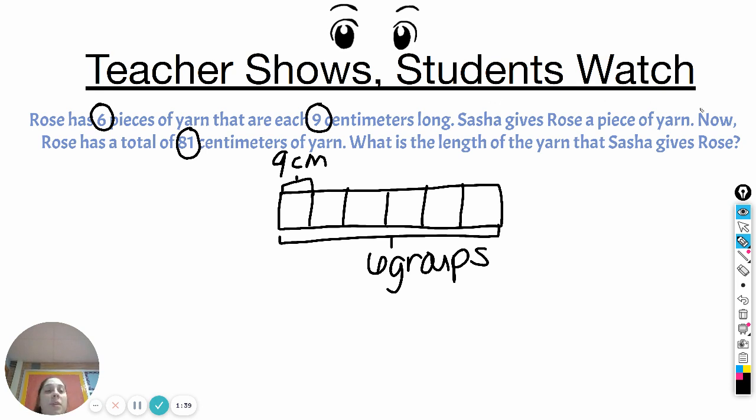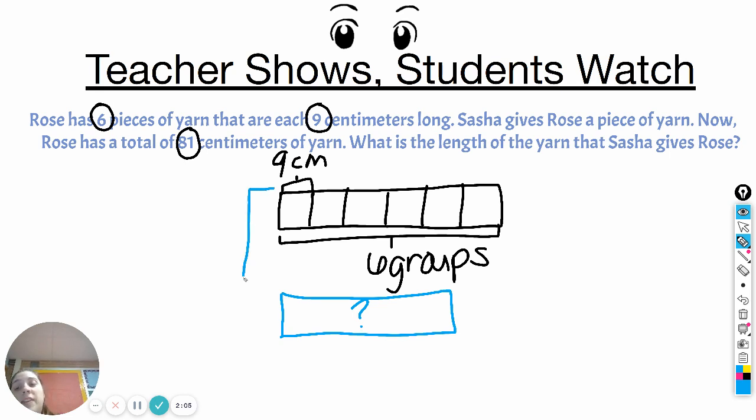Sasha gives Rose a piece of yarn. Now Rose has a total of 81 centimeters of yarn. I'm going to make this. I'm just kind of guessing how long it's going to be because we don't really know yet. This is the piece of yarn that Sasha gives Rose.